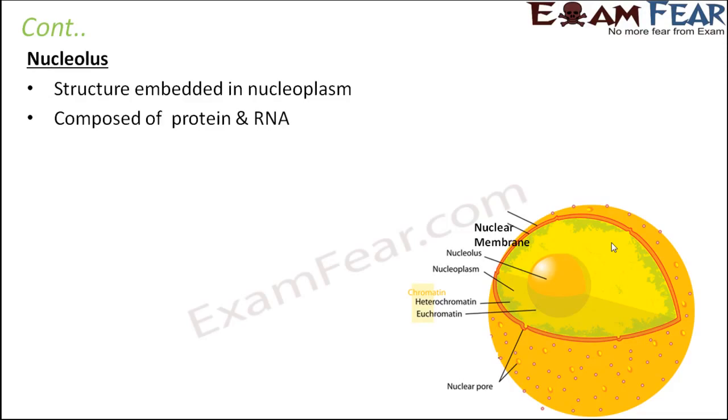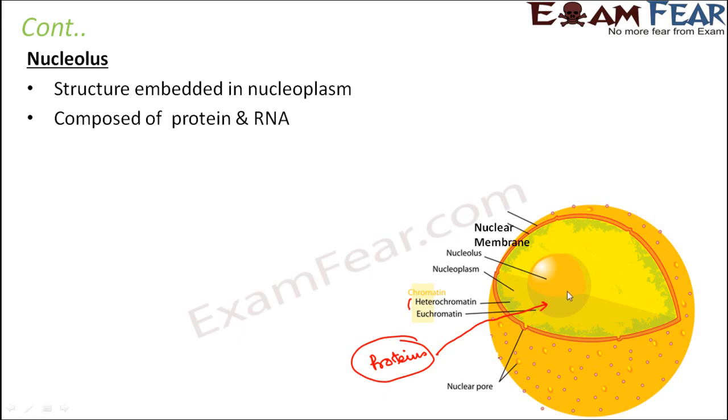The area where the protein RNA complex is formed is known as the nucleolus. This might be a little confusing. Suppose proteins are formed somewhere outside. Outside in the sense that they are formed in ribosomes, which are the site for protein synthesis. How, we'll talk about that later. For now, just understand that proteins are formed somewhere outside, and these proteins enter the nucleus through the nuclear pores.